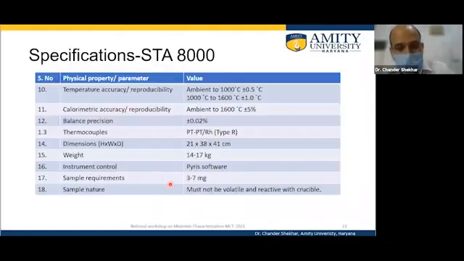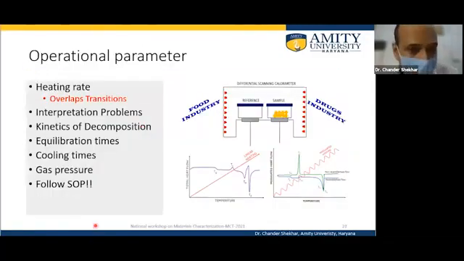Okay, so this is about the instrument, and now the operational parameters. There are operational parameters that are important. The heating rate that is used is very important. If a high heating rate is required, the transitions may overlap, and that may cause interpretation problems.